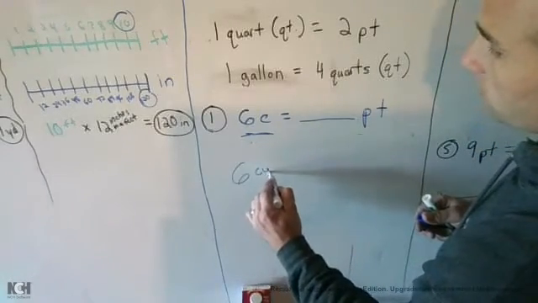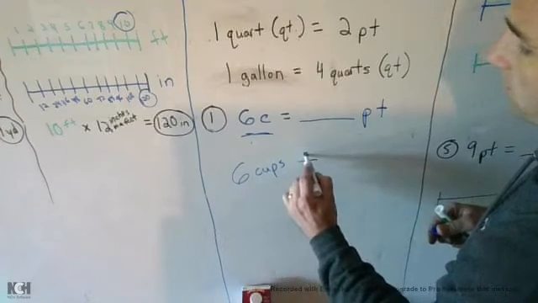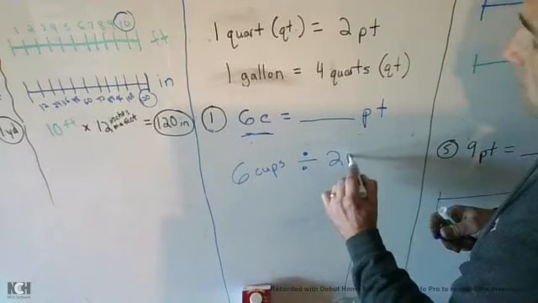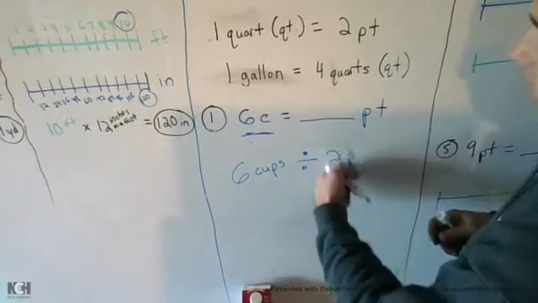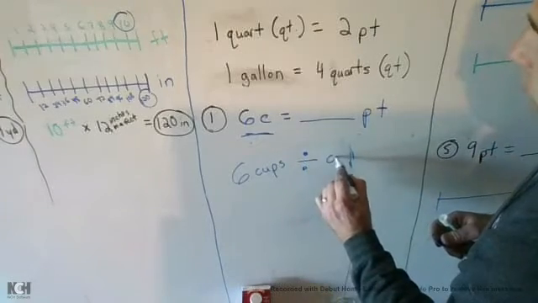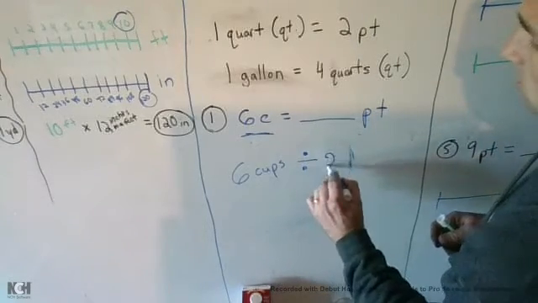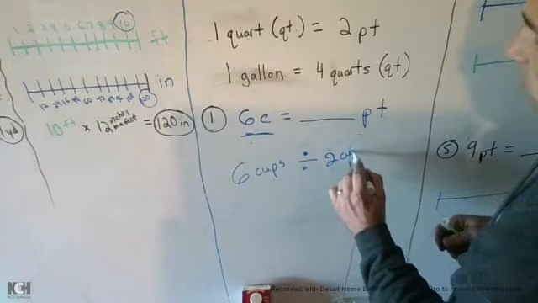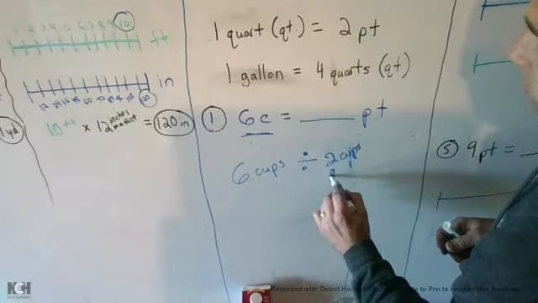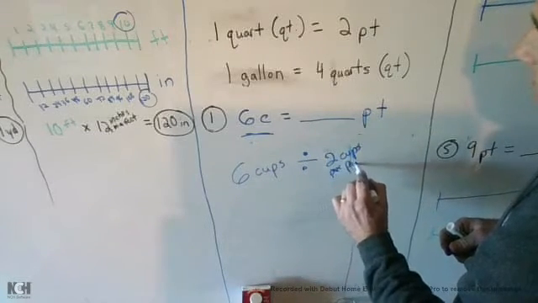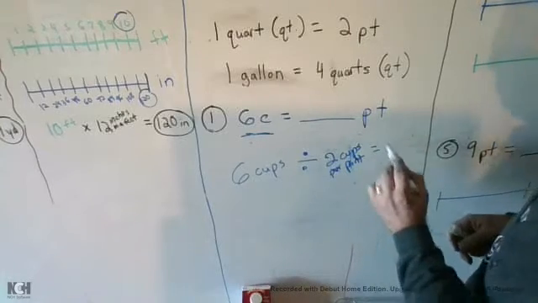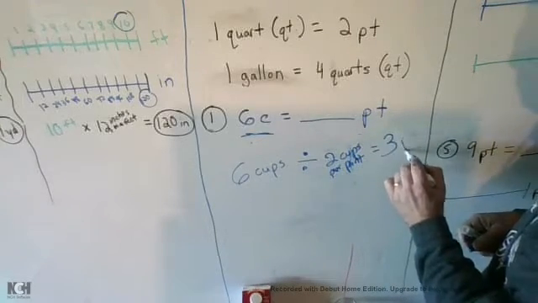Six cups divided by 2 cups per pint equals 3 pints.